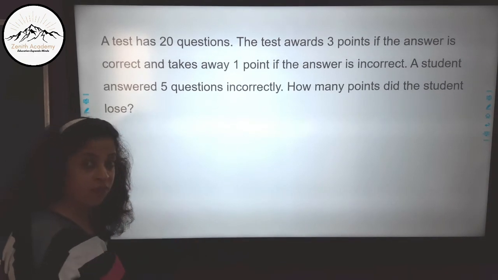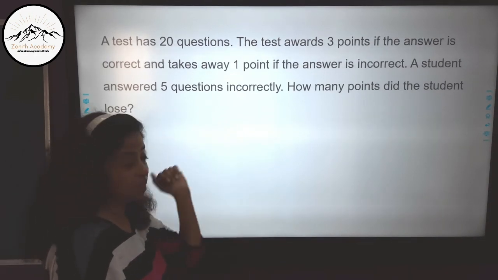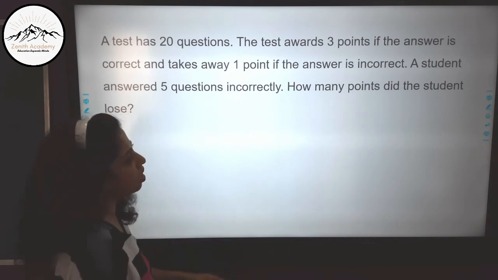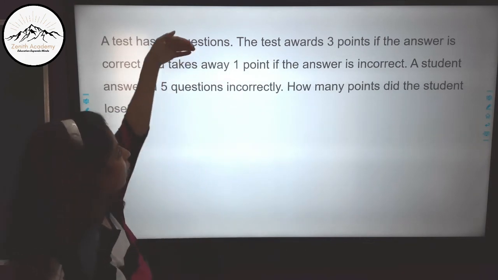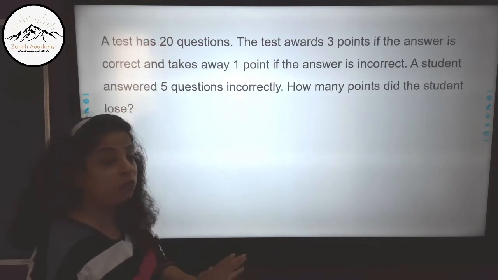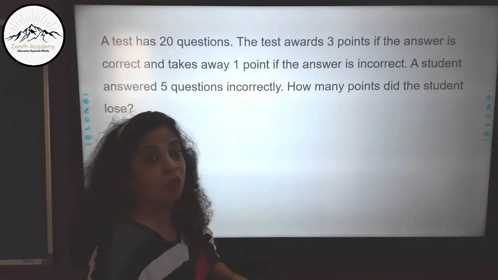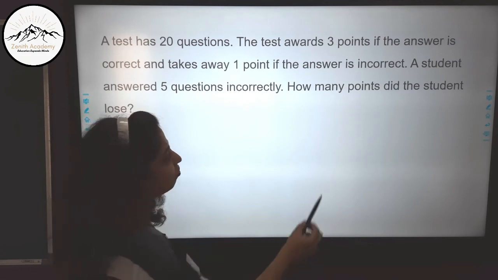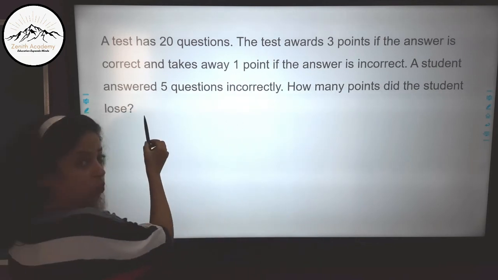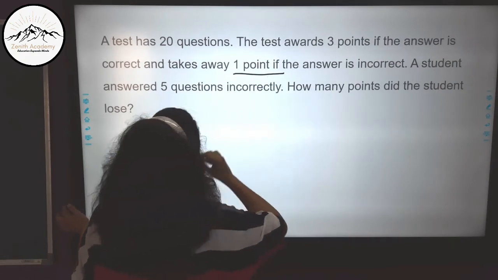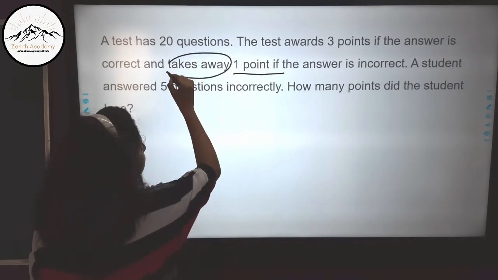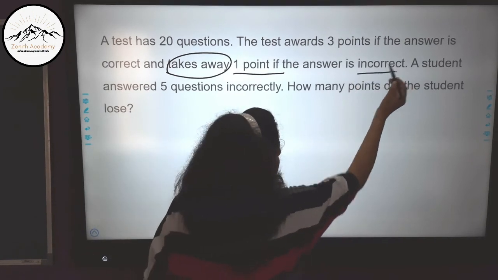So now be very careful, read the question very carefully. They have only asked how many points did the student lose. So we don't have to bother how many questions were there. We don't have to bother how many marks are there for a correct answer. We are only looking for how many points did the student lose. So you can see 1 point is taken away if there is an incorrect answer, right?